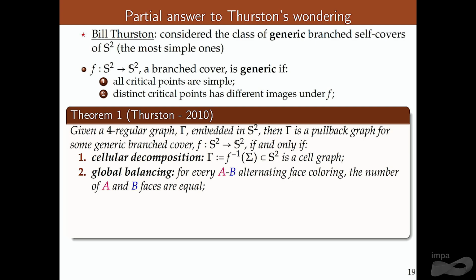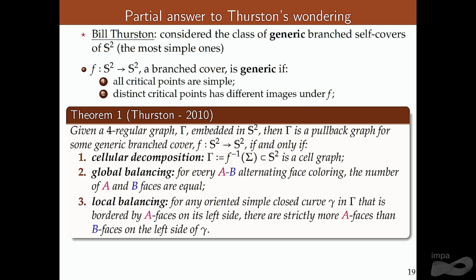You can color the faces alternately using two colors, and we end up with the same number of faces color by color. And the local balancing condition is that for any Jordan curve made by edges of that graph, with the A faces on the left side when traveling according to the orientation, that component must have strictly more A faces than B faces, okay?